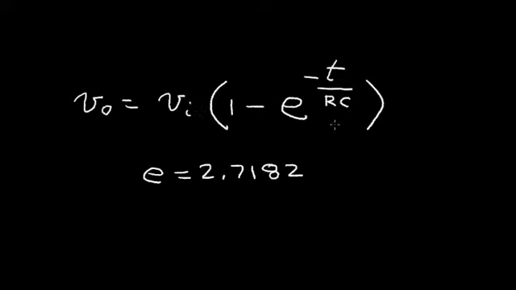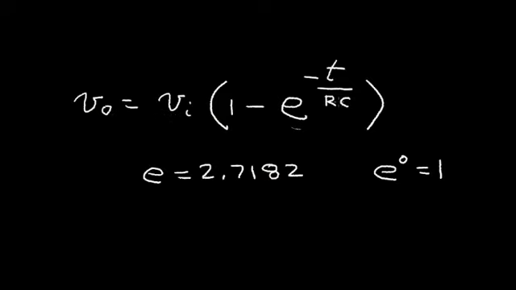So let's look at this equation. For example, at t equals 0, what does it tell us? At t equals 0, the exponent is raised to the 0 power, which is equal to 1. So this second term becomes 1. 1 minus 1 is 0. So 0 times VI gives us a V out of 0.